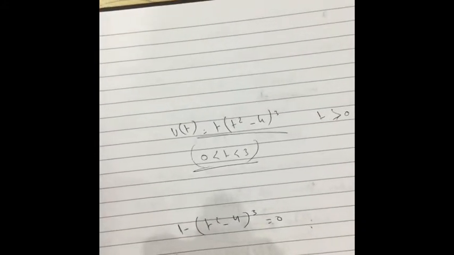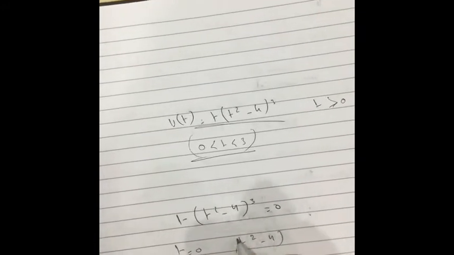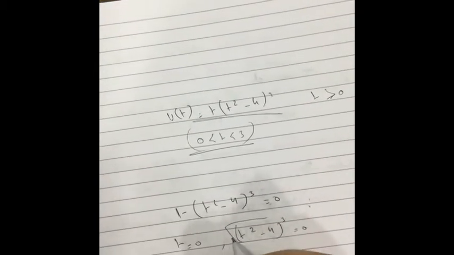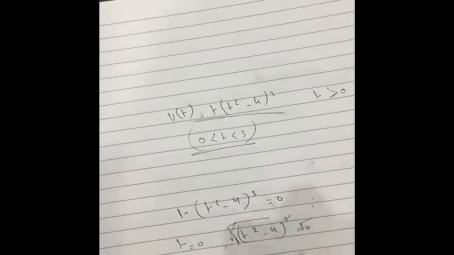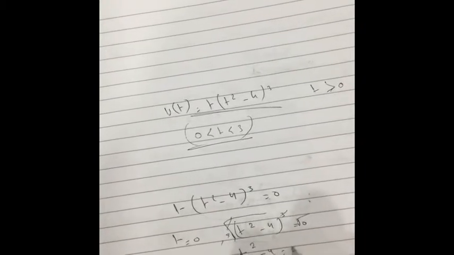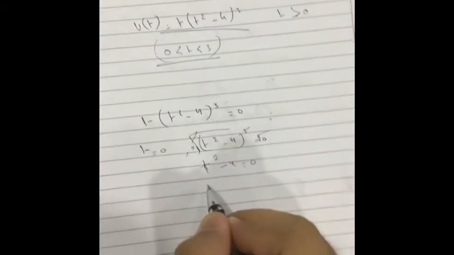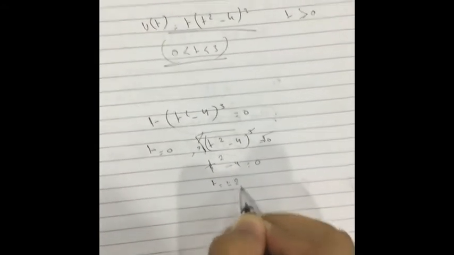We know that t equals 0, and here t squared minus 4 cubed equals 0. Taking the cubic root, we get t squared minus 4 equals 0, and then t equals plus or minus 2.